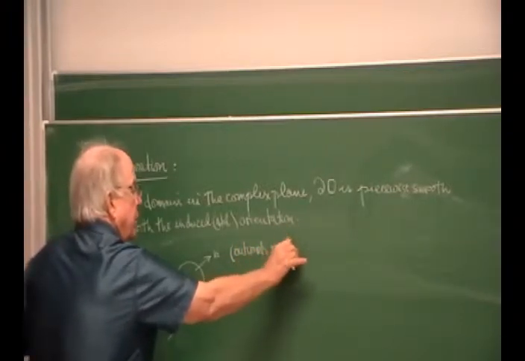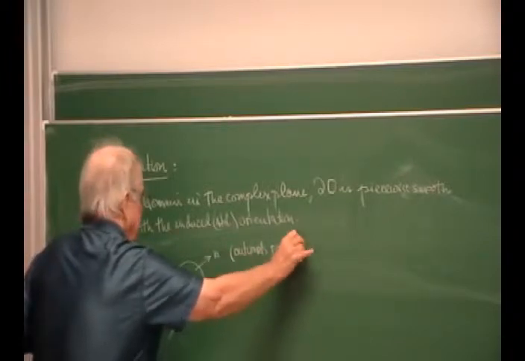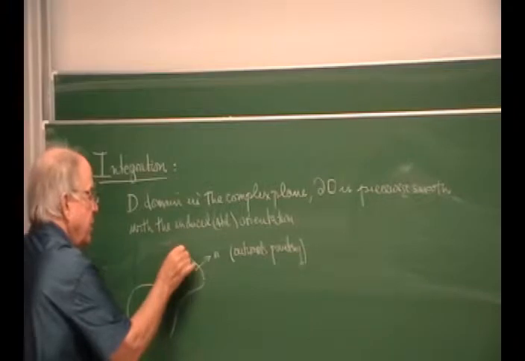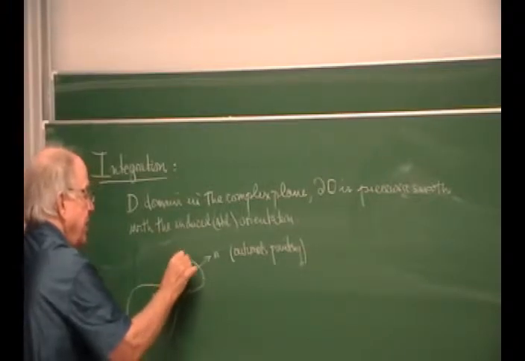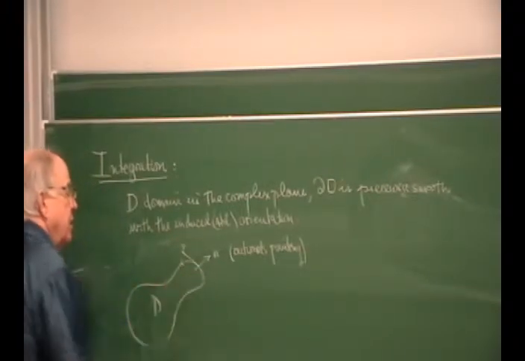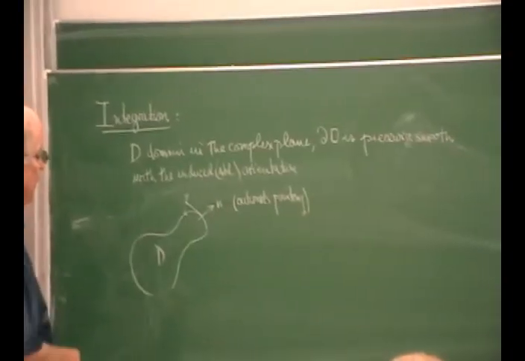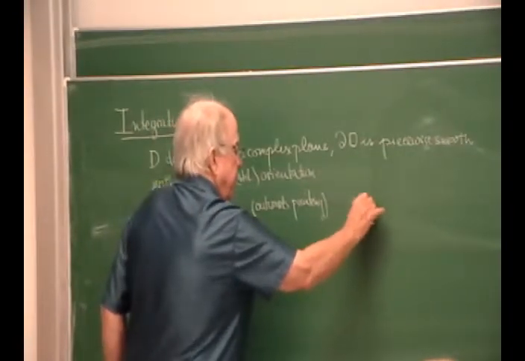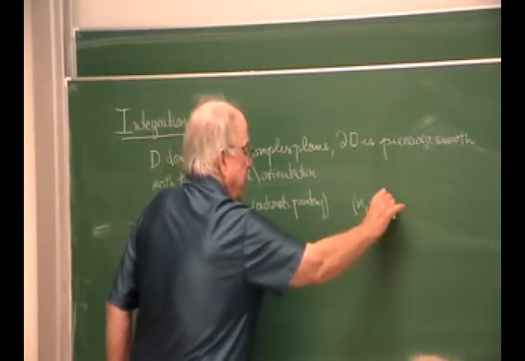Outwards pointing normal vector. And then we make sure that the orientation of the boundary is such that the two vectors, normal and then followed by the tangent vector, should be positive.